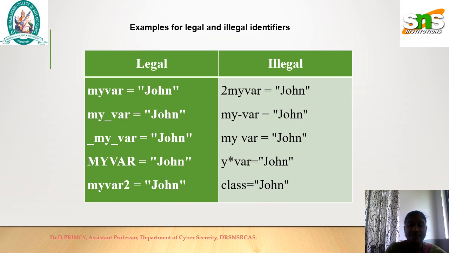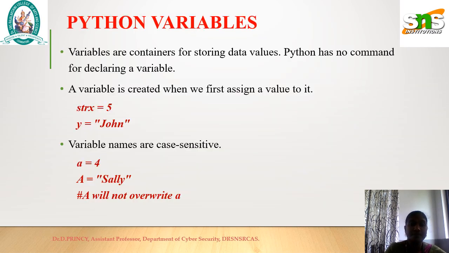These are legal identifiers. 2myvar is illegal because it starts with a digit. my-var includes a special character other than underscore. my var, spaces are not allowed. my*var, the asterisk symbol is not allowed. class is a keyword. So these are examples of legal and illegal identifiers.